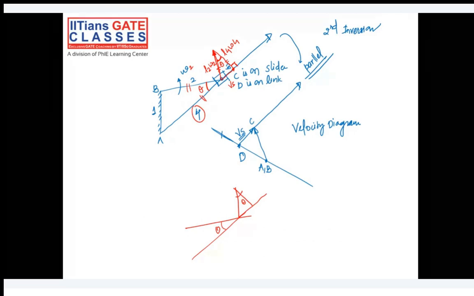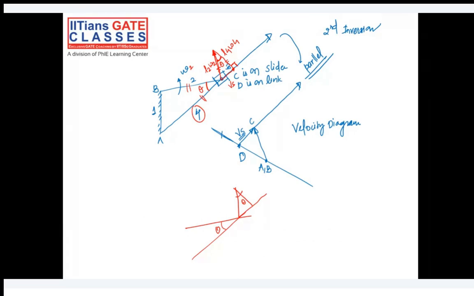So if you know any other angle, let's say this is 90 degree, or theta is known or any other angle is known, then you can easily judge the other angles in this velocity diagram.